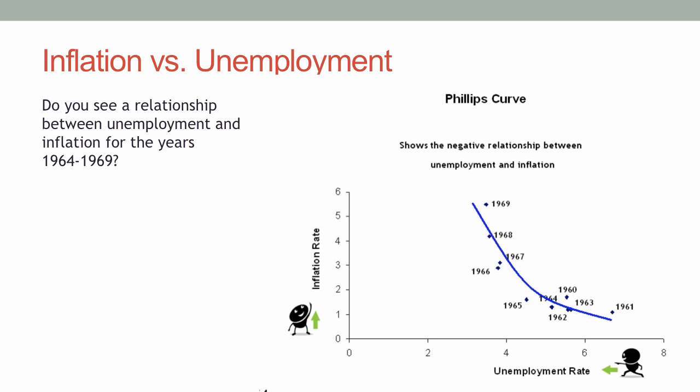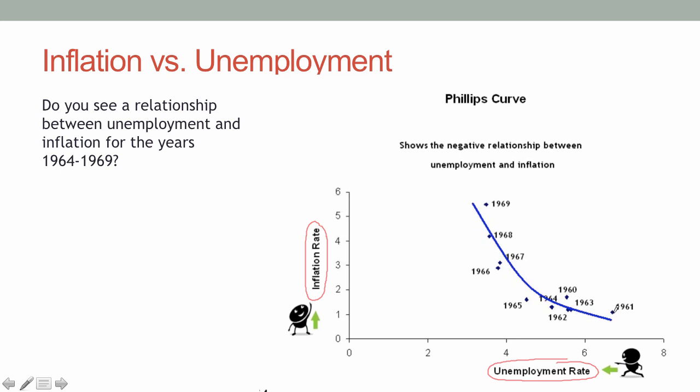So let's take a look. For the years 1964 to 1969, economists made a mathematical model and they wanted to look for relationships. So let's see what we got here. So they plotted all the points. You can see 1961, 62, 63, 64, 65, 66, 67, 68, 69, and they kept track of the unemployment rate. If the unemployment rate changes, how does that affect the inflation rate?